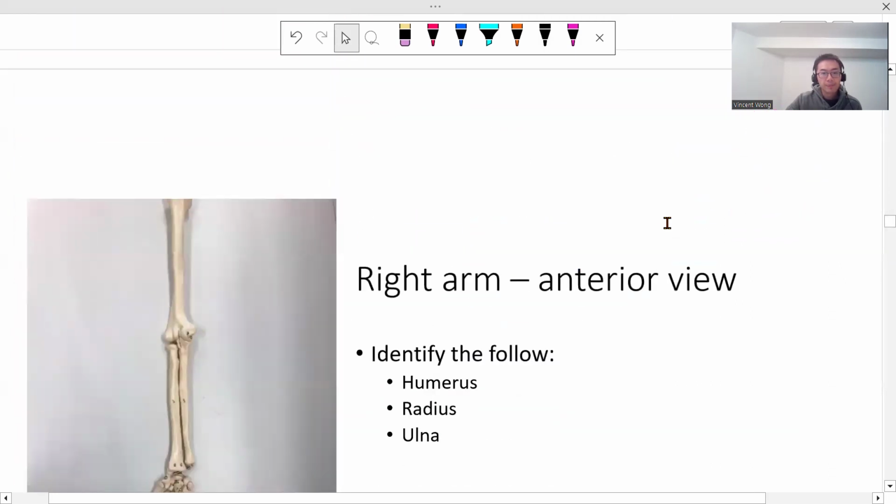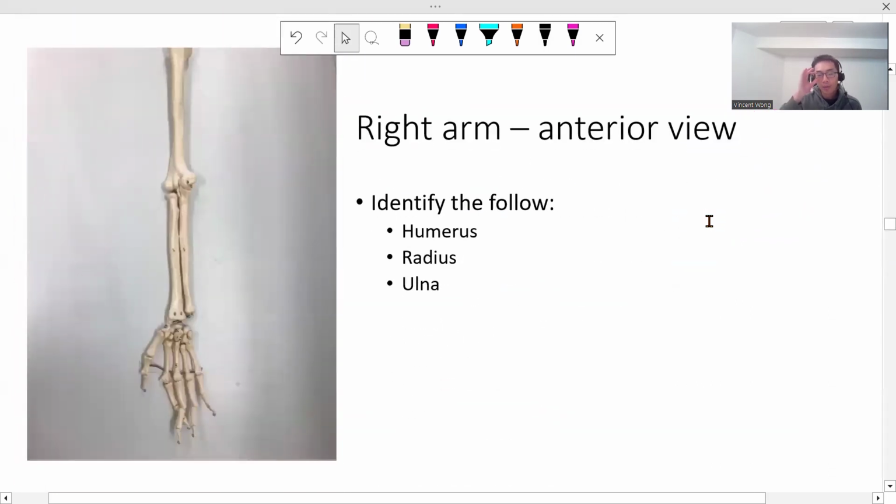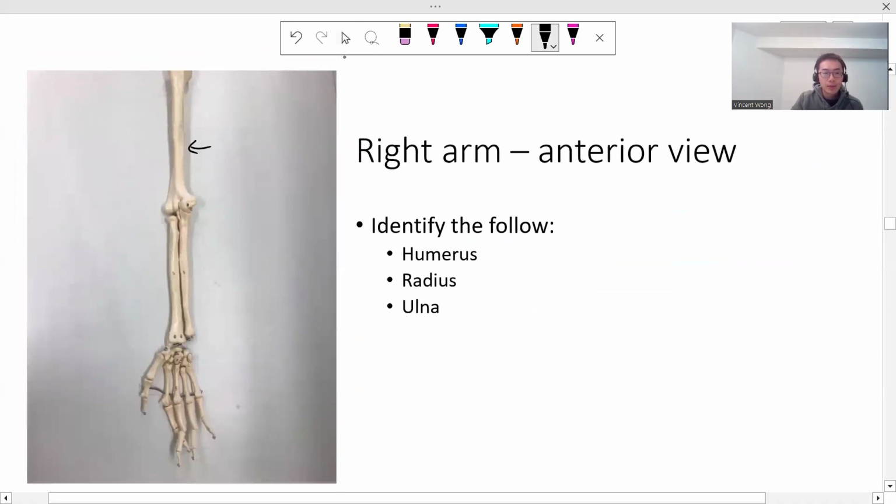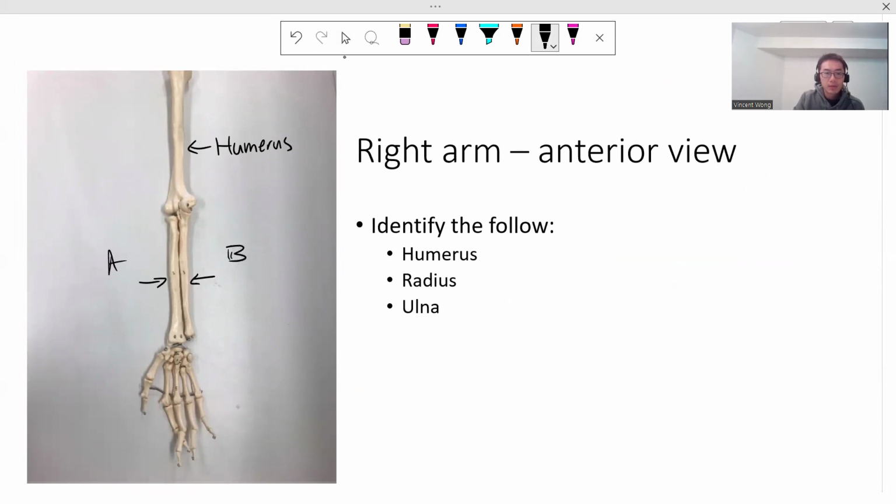Okay, moving on. This is the right arm, looking at it from the front. So humerus is right here. Which one is the radius? Which one is the ulna? Can you guys tell?